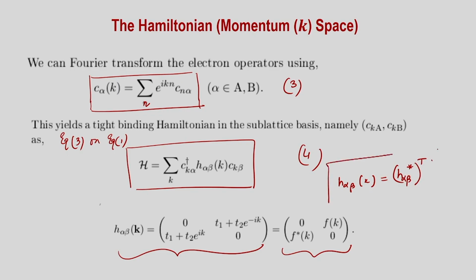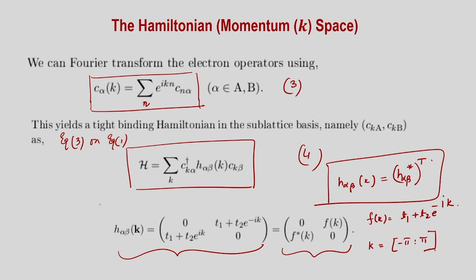Okay, so this tells you that it is a Hermitian matrix, and so I write f of k equal to T1 plus T2 e to the power minus i k. K runs from minus pi to pi. It is a one-dimensional Brillouin zone.